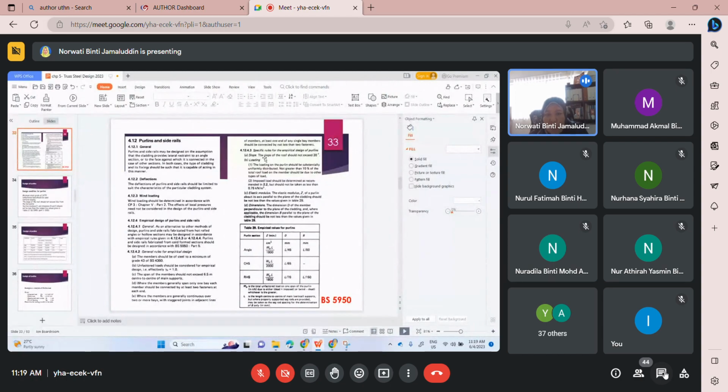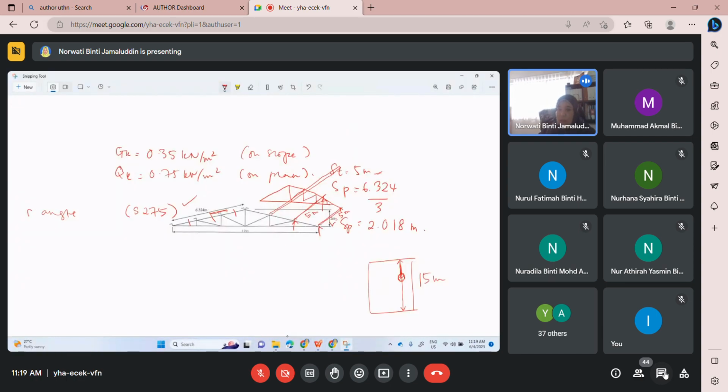This one, slope. The slope of the roof should not exceed 30 degrees. In this case, we need to check what is the slope here, alpha. Easy peasy. We have a 12 meter span, so half is 6. This one is 2 meters.